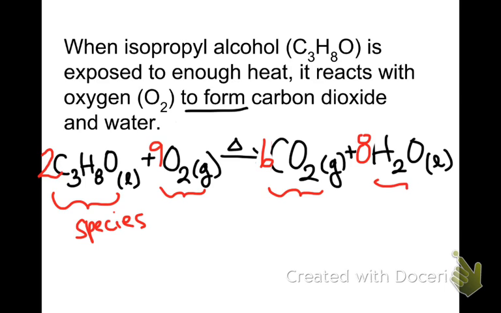And you have 2 product species, carbon dioxide and water. So each one of those is called a species. And the coefficient only applies to the species it's directly in front of. So this 6 only applies to carbon dioxide and the oxygen. Then it stops at that plus sign.